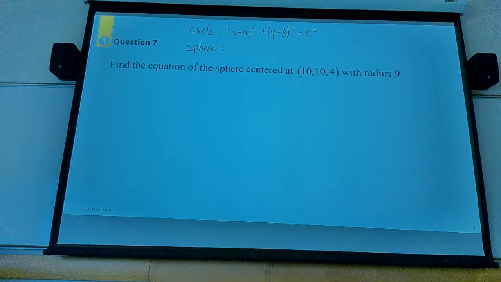Well, a sphere. Be the same thing, something like that, the z component, right?